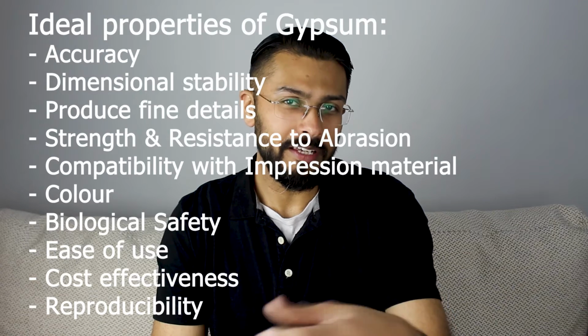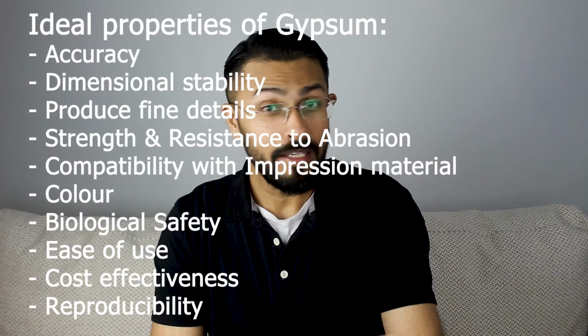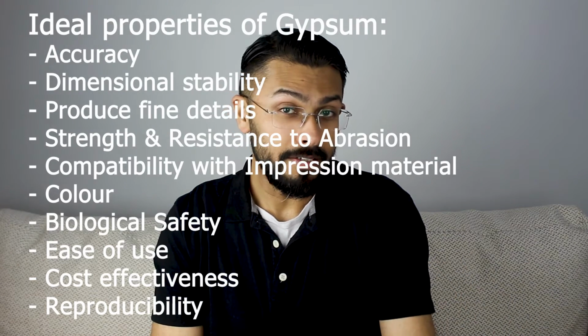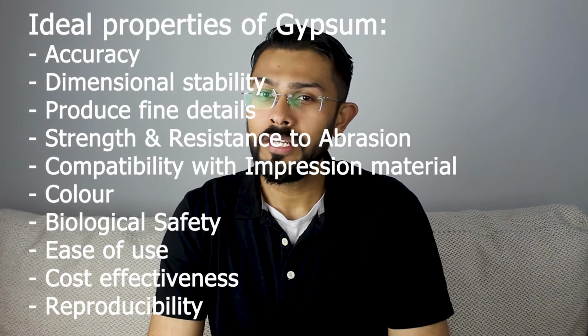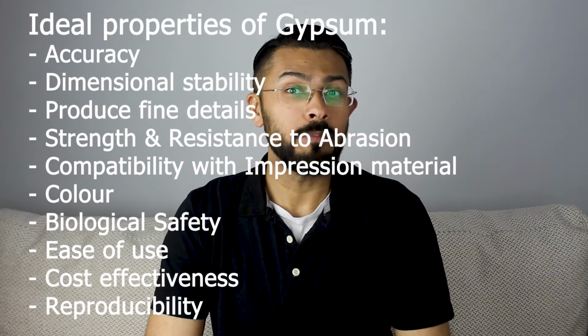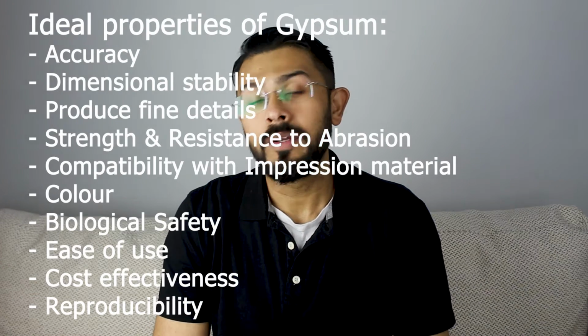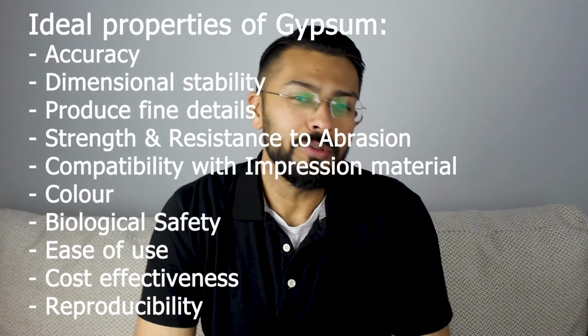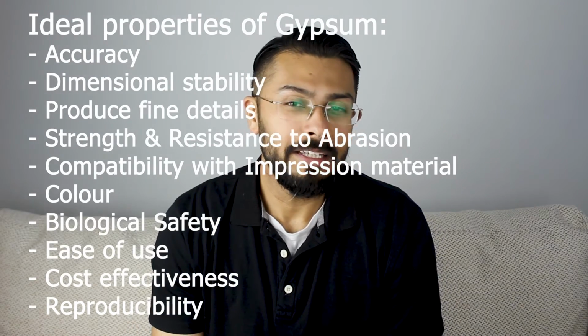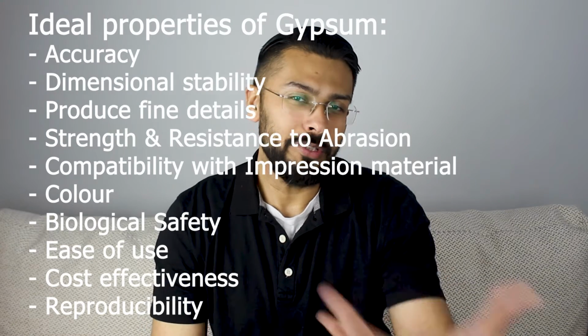So these properties would include accuracy, dimensional stability, ability to produce fine detail, strength and resistance to abrasion, compatibility with the impression material, color, biological safety, ease of use, cost efficiency, and reproducibility.